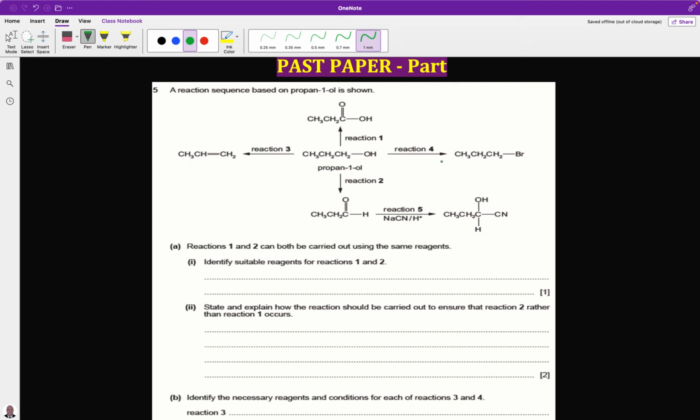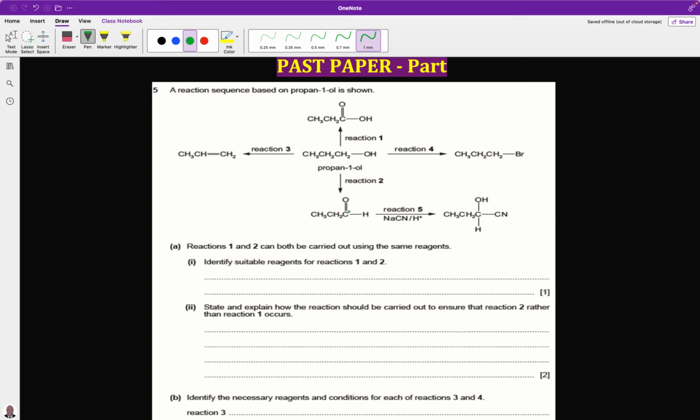In reaction 4, there is halogenation of alcohol leading to halogenoalkane, bromopropane. Propan-1-ol in reaction 2 gave us propanal.